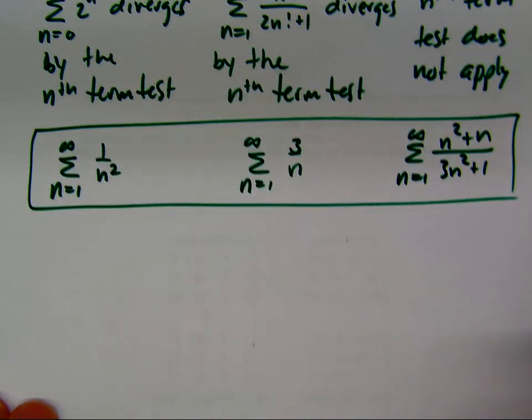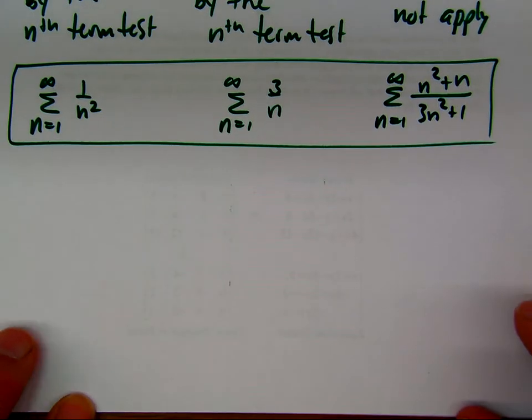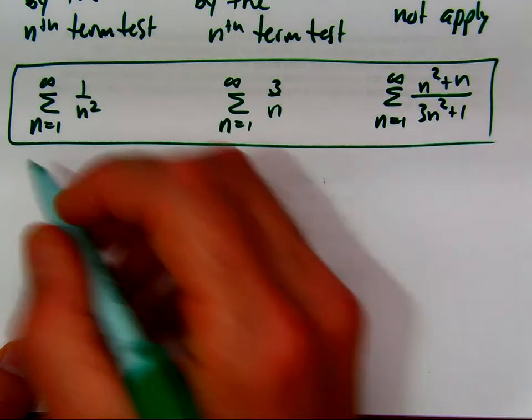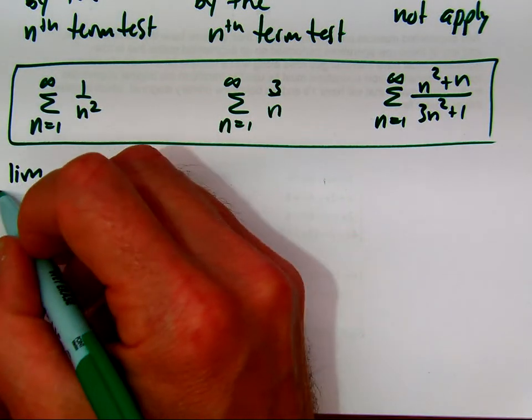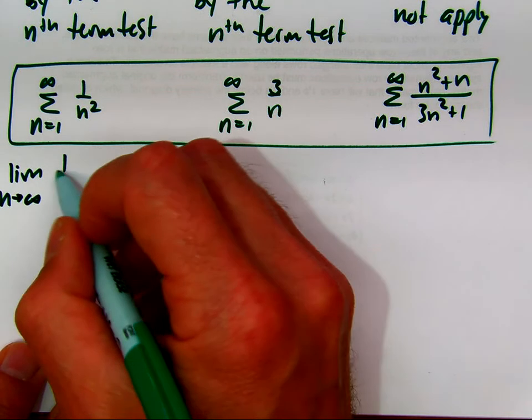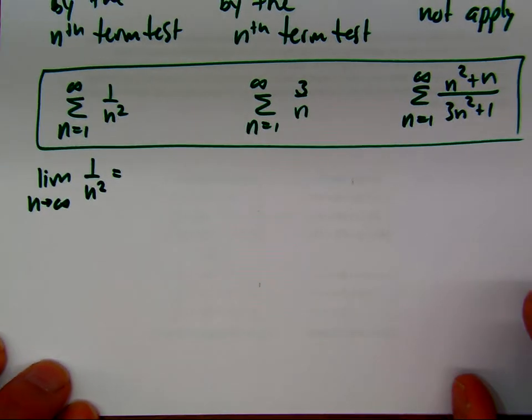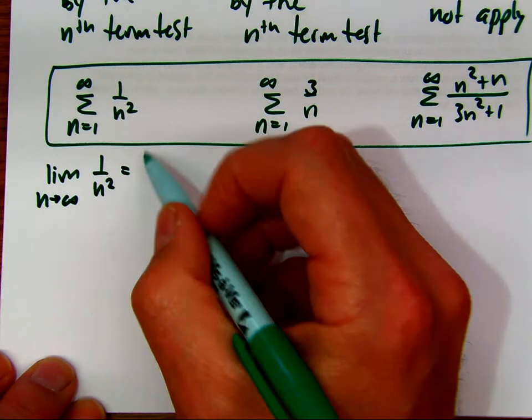And pause the video, do the same thing on these. So we want to look for the limit as n goes to infinity of 1 over n squared. So as the denominator increases, the fraction decreases and it approaches 0.